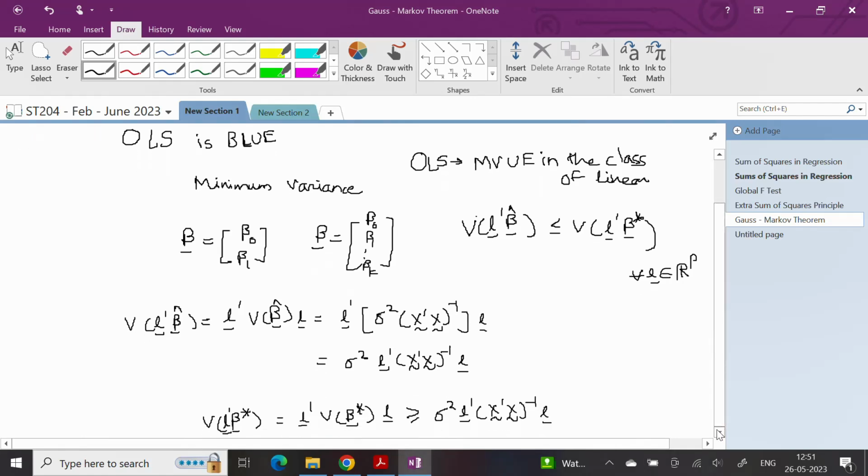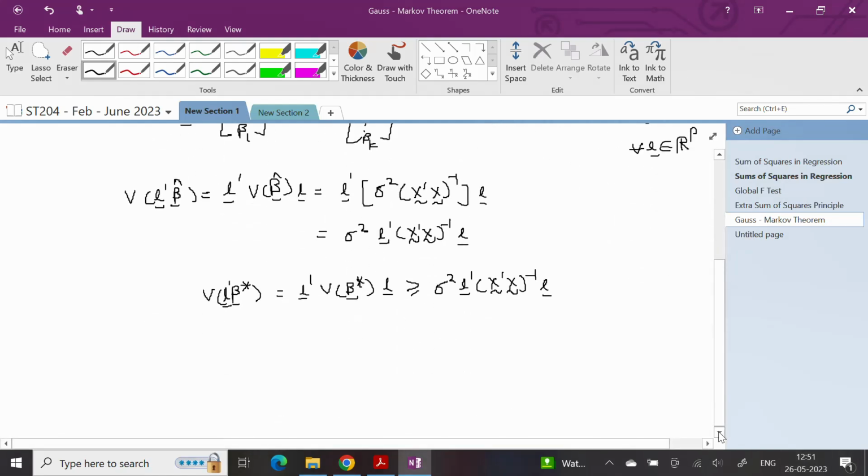So the beta star that we are considering also has to be a linear estimate. What do I mean by that? It means that we could write beta star as some matrix, let's say M into Y, then only it will be a linear estimate.